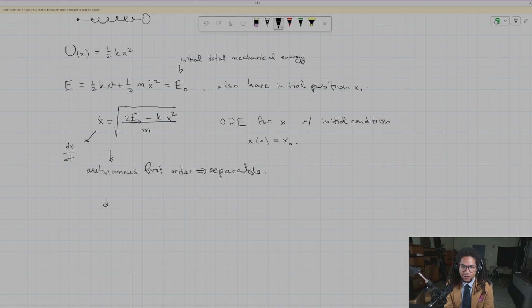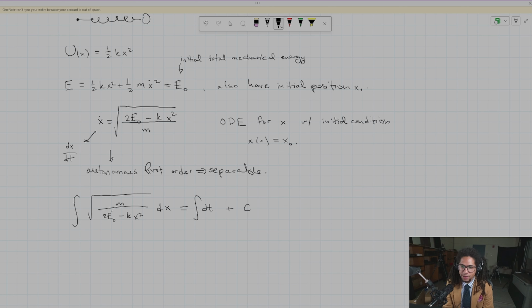On the left-hand side, we'll collect all the x terms. Let me write this with an integral sign because we want to take the antiderivative. We're going to take the antiderivative of the inverse of this thing: square root of m over 2E naught minus kx squared dx, and that is going to be equal to the antiderivative of dt plus a constant.